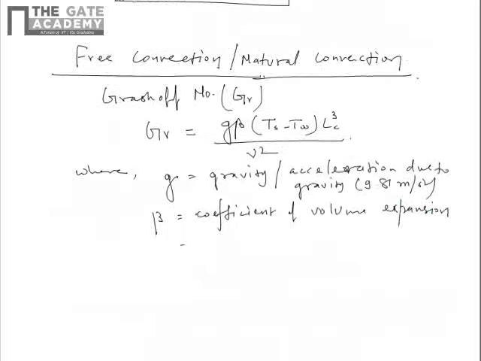It shows the rate of change of density with respect to temperature, and it is given as minus 1 upon rho del rho upon del T when pressure is constant.